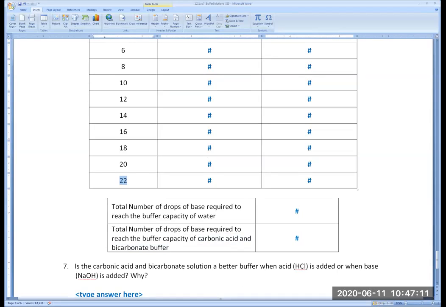So all the way to the last drops that she added to reach the buffer capacity. And again, buffer capacity is reached when you see the pH, in this case, increase sharply, right? When the pH is not maintained anymore, and it's increasing sharply because you add a strong base.